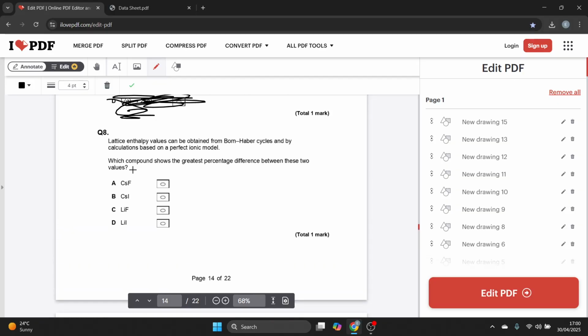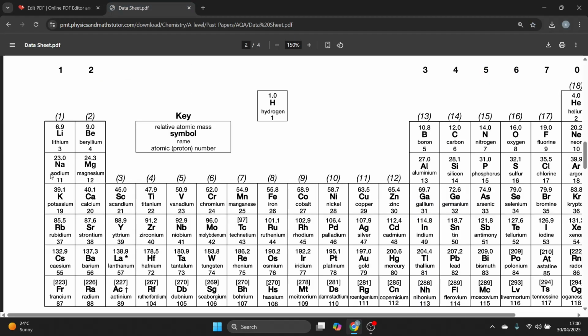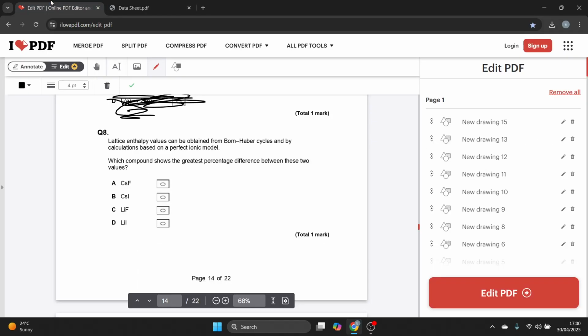Lattice entropy values can be obtained from Born-Haber cycles by calculations based on a purely perfect ionic model. Which compound shows the greatest percentage difference between these two values? Cesium or lithium. If I look at cesium and lithium, lithium is here, cesium is way down the group in group 1. I know cesium is going to be very, very big.